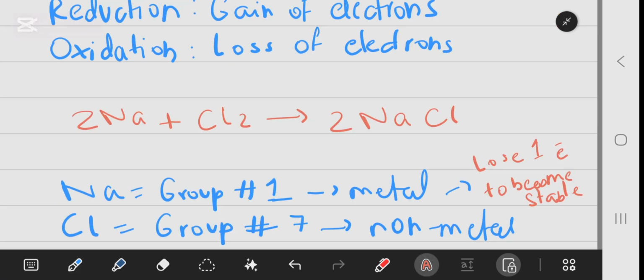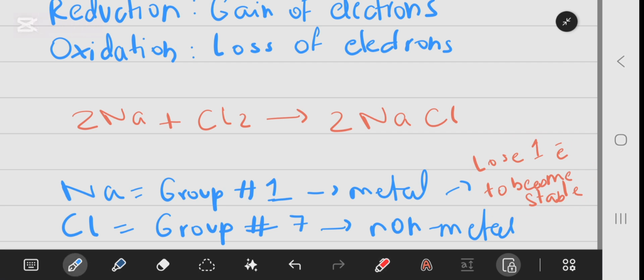We can clearly now see that sodium is unbonded as a reactant and chlorine is also unbonded as a reactant. Sodium is making an ionic bond with chlorine, which means that sodium has undergone loss of electron to become stable, because metals need to lose one electron to become stable.